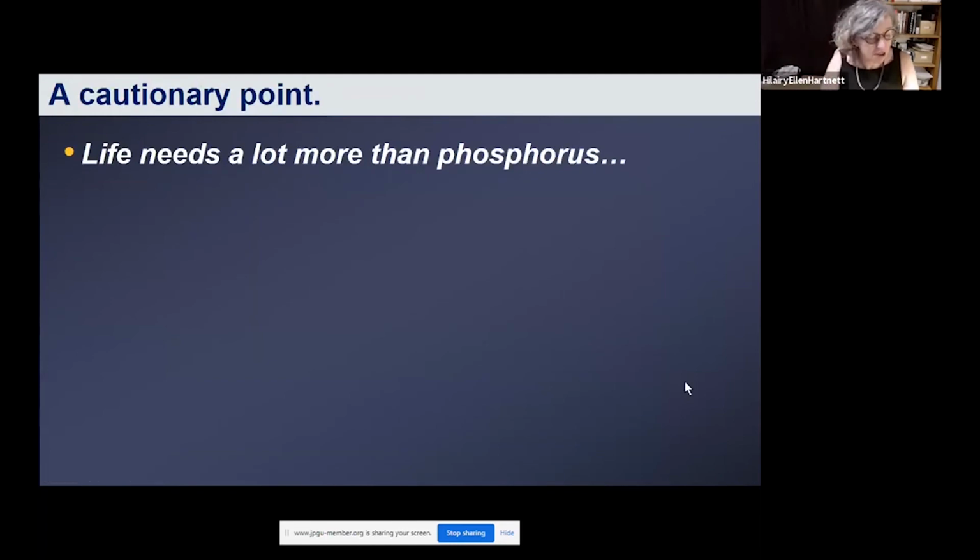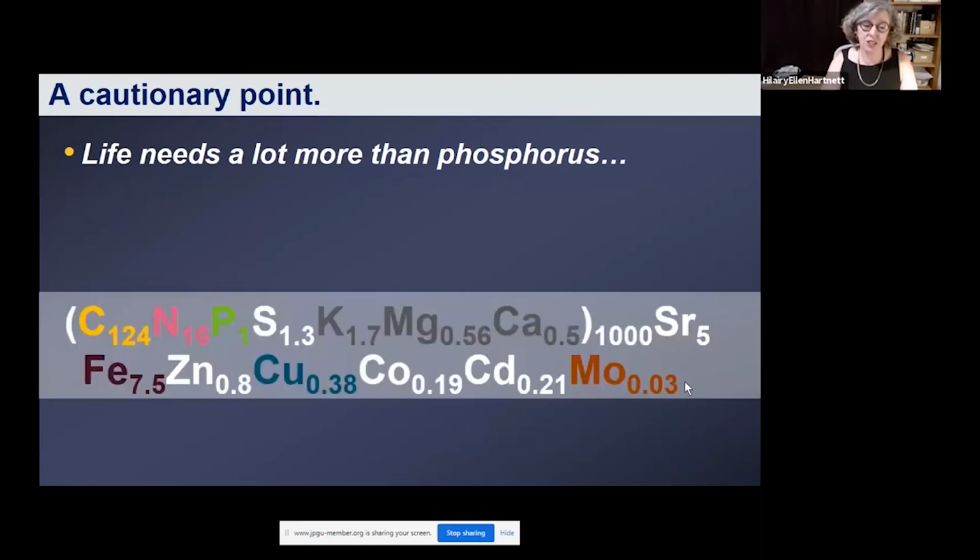This leads me to a cautionary point. Life needs a lot more than just phosphorus. We saw that in the photosynthesis equation. You can, in fact, write that equation for all kinds of elements that are important for life, right? Here's the carbon, nitrogen, phosphorus part of the stoichiometry.